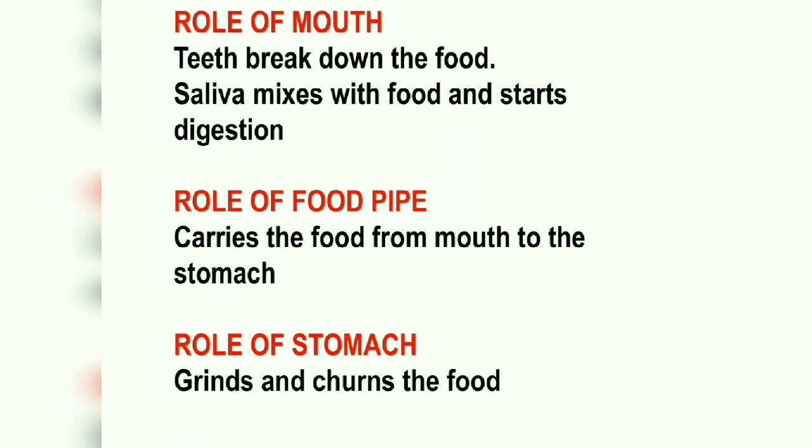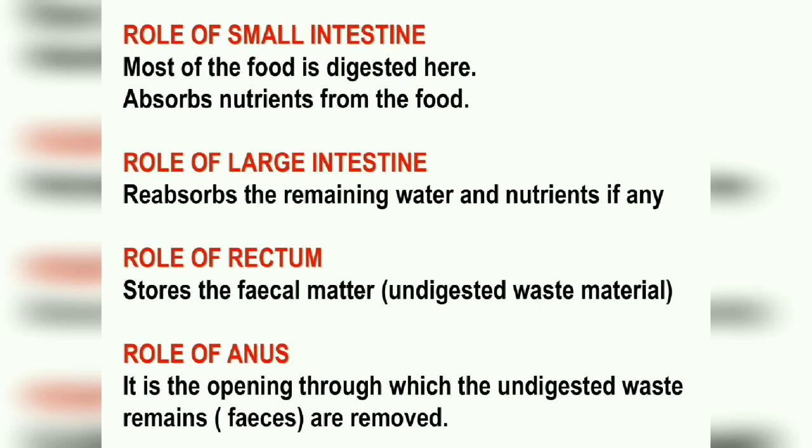Now, from the mouth, when we swallow, food comes to the food pipe. It is a small pipe-like structure which connects to the stomach. In the mouth we chew the food and then we swallow it. It is swallowed through the food pipe, which is also called the esophagus, and comes to the stomach. The stomach grinds the food.